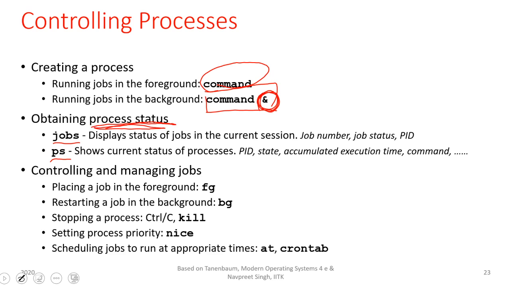They may include job number, PIDs, and so on. So these are a few commands that can be used for those purposes as well. Then we can use additional commands like fg, bg, kill, and so on, or nice to change priorities, stop processes, moving to background, moving to foreground, and so on.